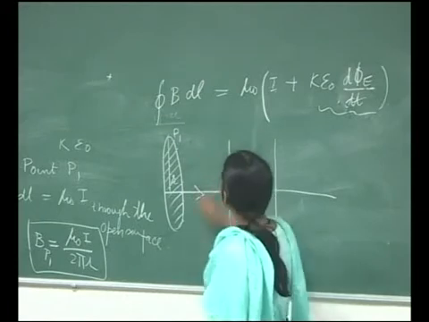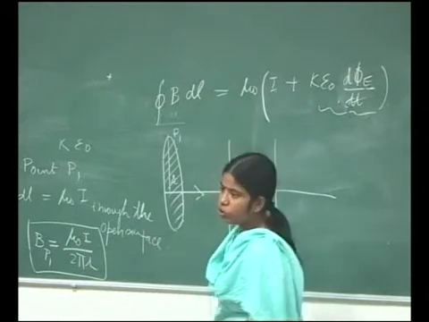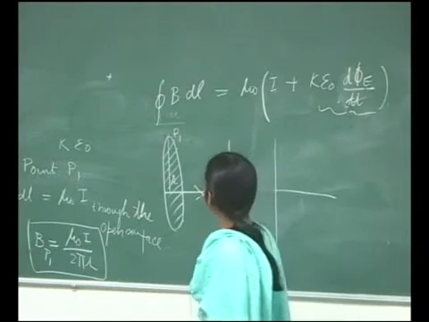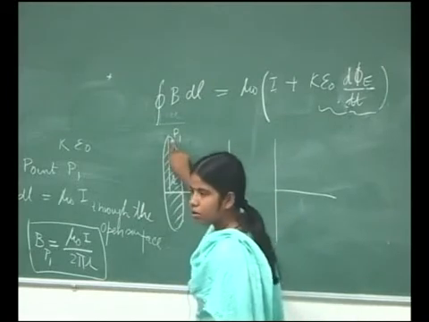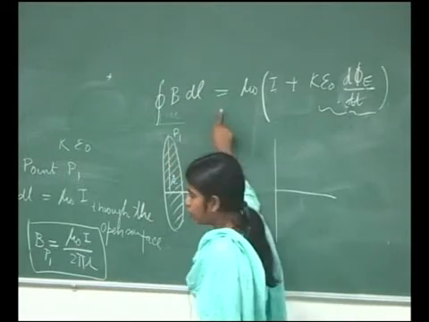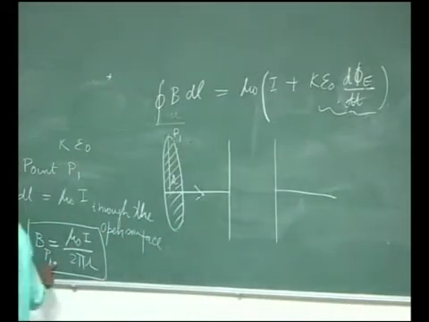Clear? So, I get B dot dl is equal to mu naught I. Okay. So, what do I get? B into 2 pi r is equal to mu 0 I, or I get the same result, mu 0 I upon 2 pi r. Is it okay? Fine? Okay.